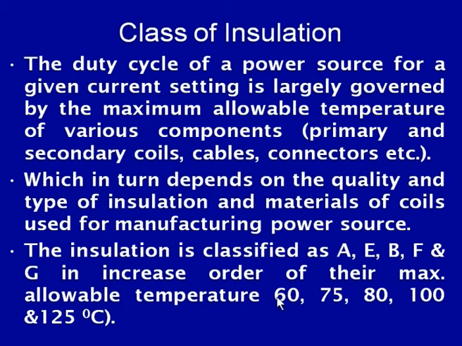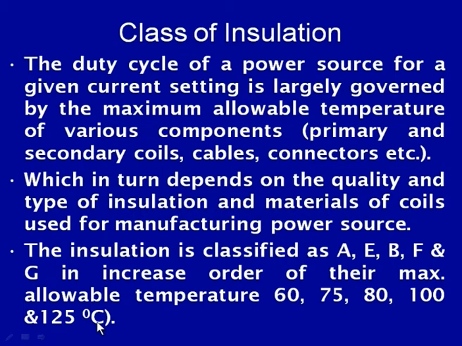Say A for 60 degree centigrade, E 75, B 80, F 100 and G 125 degree centigrade. So, the A class insulation will have the maximum allowable temperature of 60 degree, so it will have minimum resistance to heat, while the maximum resistance to heat and temperature generation will be offered by the G class insulation, which can withstand up to 125 degree centigrade.